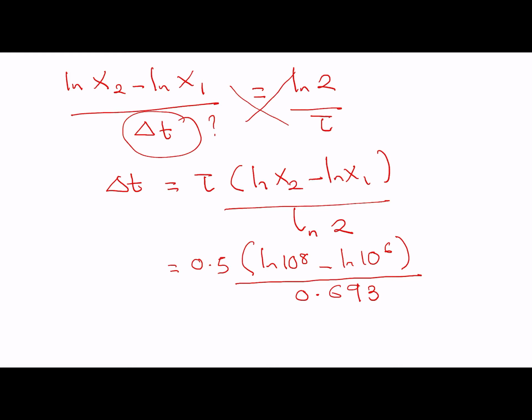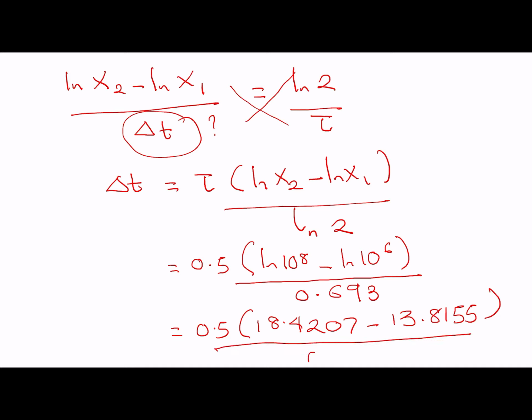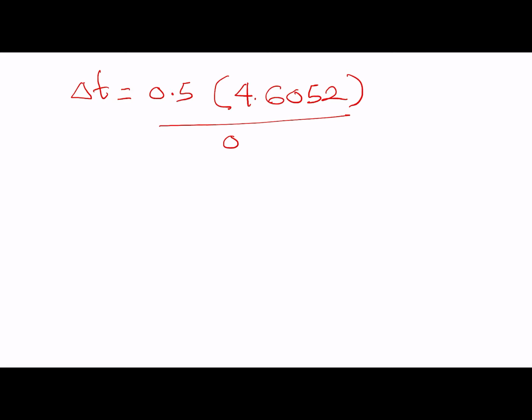Let's do that. Just punch that into the calculator, please. Your ln 10 raised to power 8 will be 18.4207 minus 13.8155, divided by 0.693. Change in t equals 0.5 times 4.6052 divided by 0.693.